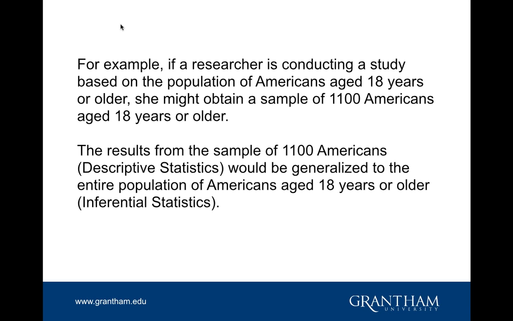So, for example, the average age of the sample of 1,100 was 35. She can say, well, based on the sample, I can say that the average age of all adult Americans is 35 years old. This generalization to the population is referred to as inferential statistics.